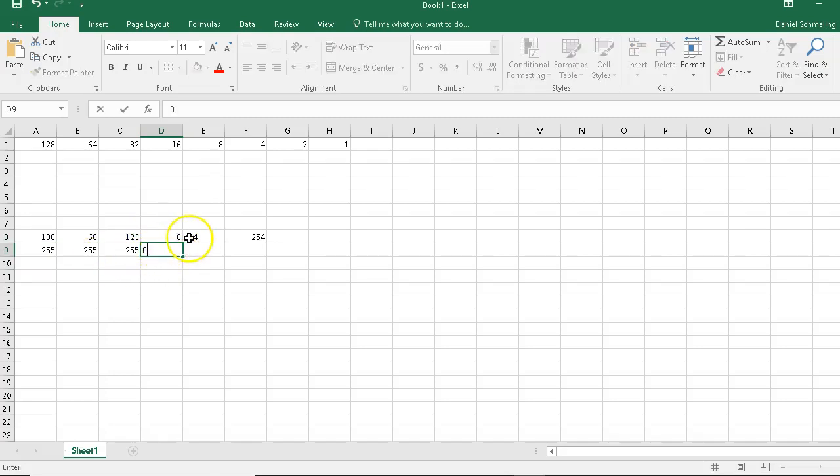So out of that octet, we can have 128 plus 64 plus 32 plus 16 plus 8 plus 4 plus 2 plus 1, which gives us a total of 254 addresses.